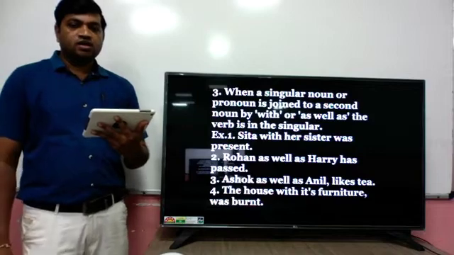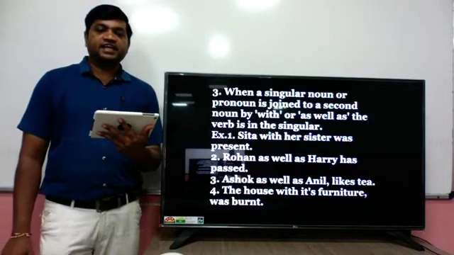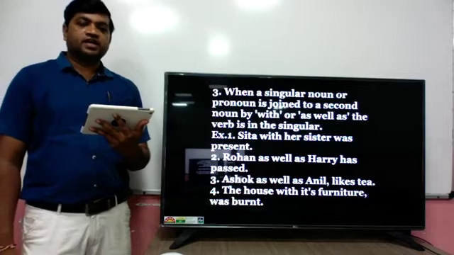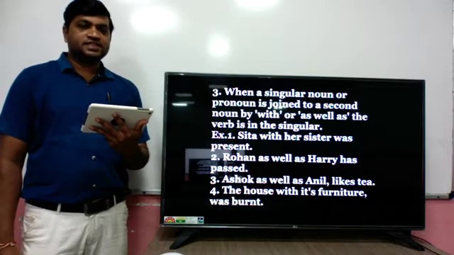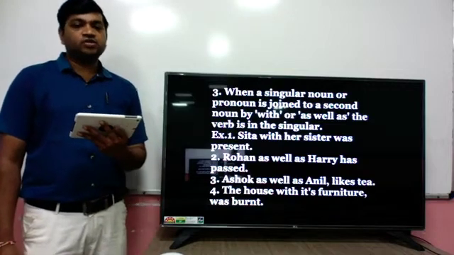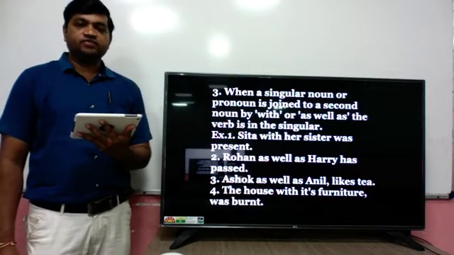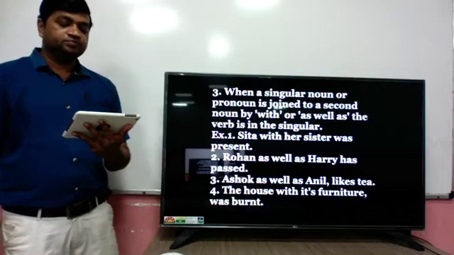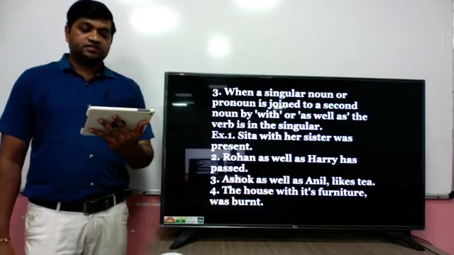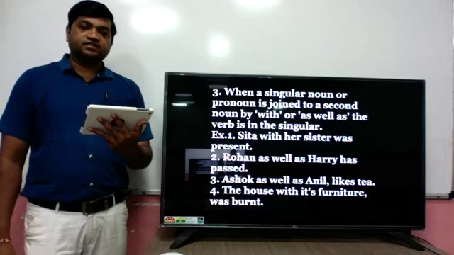Then, Ashok as well as Anil likes tea. So here also, Ashok as well as Anil: two nouns, two subjects are there, and we count them as a singular because they are joined with the words "as well as". Next, the house with its furniture was.